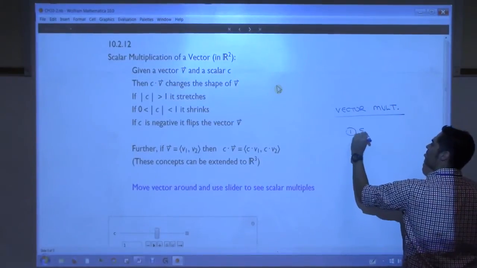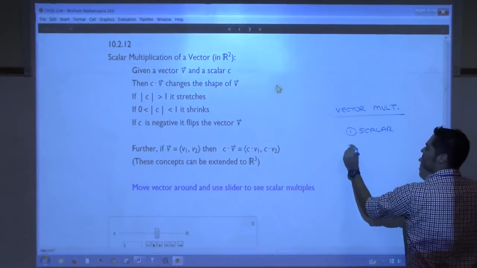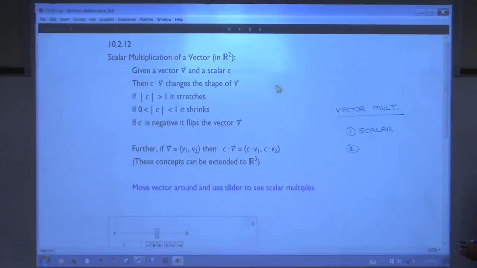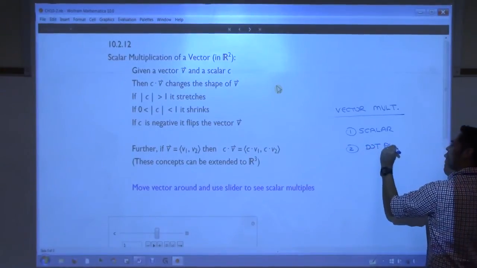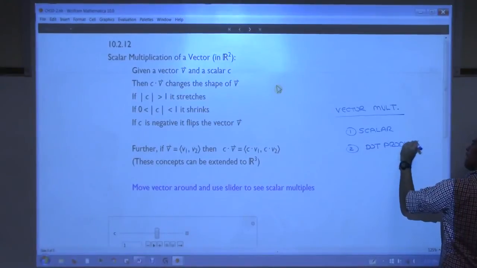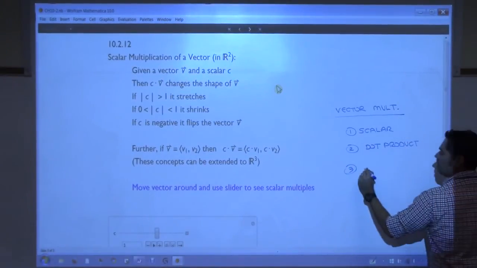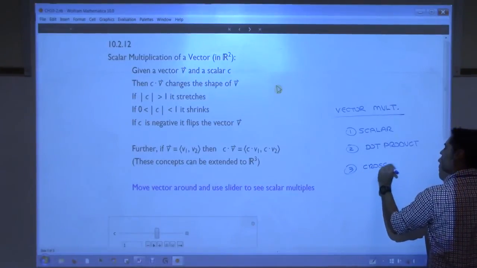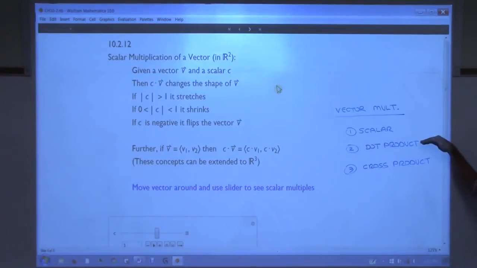We have scalar multiplication. We have a second form of multiplication, which is the next section, and it's called the dot product. And then we have a third form of multiplication when it comes to vectors, and it's called the cross product. This is 10.3 in the book, and this is 10.4. We're in 10.2 still. So three different multiplications.